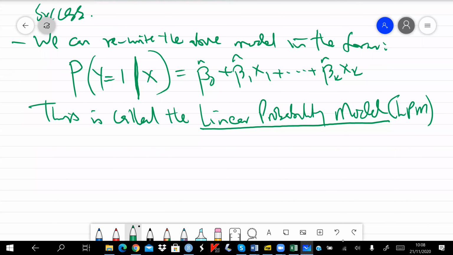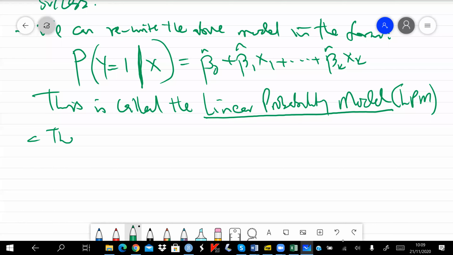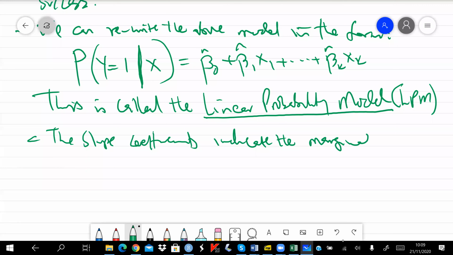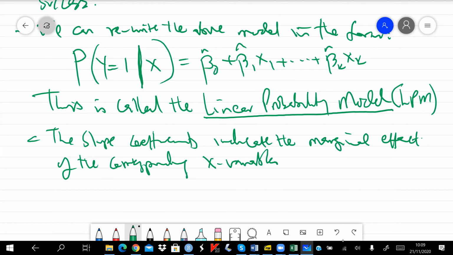So we can say that the slope coefficients, that is beta 1 all the way to beta k, indicate the marginal effect. That is the effect of the corresponding variable if you hold the other variables constant. So the marginal effect of the corresponding x variable on the success probability.